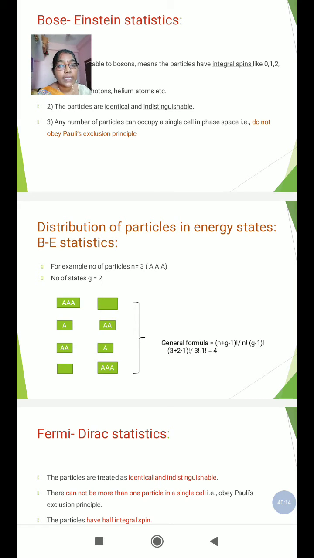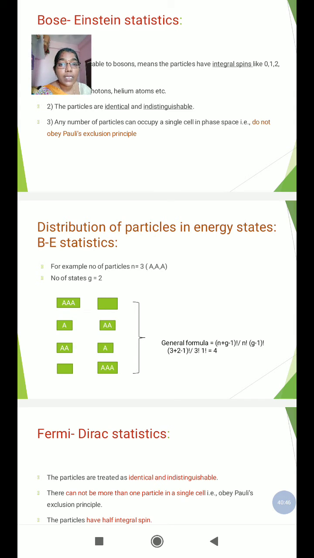All these 3 particles are the same particle, capital A, because bosons are nothing but identical particles. Identical means all the particles are the same. So 3 particles A are there, and I am taking 2 states. Now 3 particles and 2 states. How do you distribute the 3 particles in 2 states?